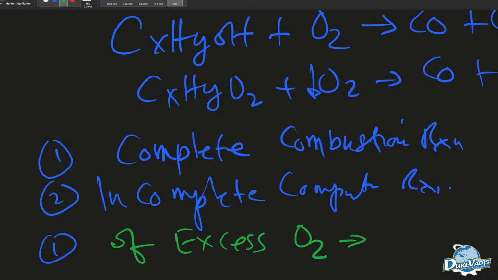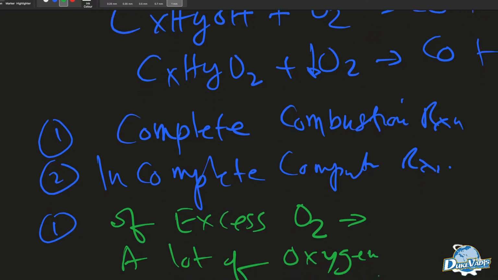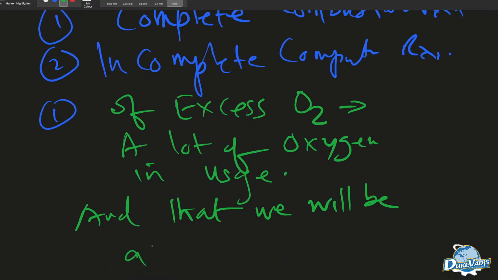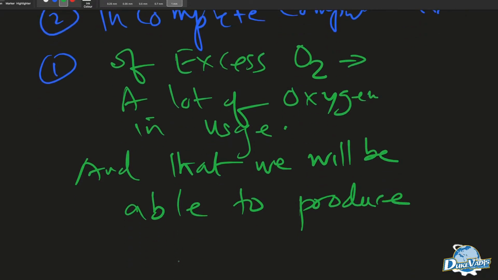You see, then we have a lot of oxygen in use, and that way we will be able to produce water and carbon dioxide.